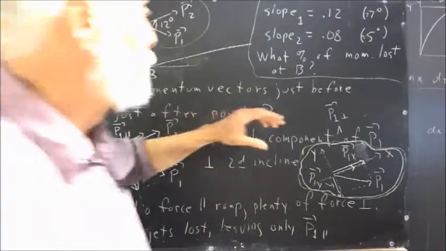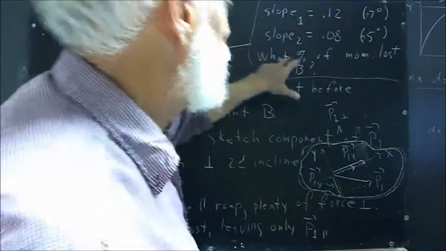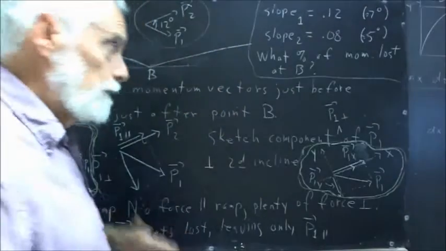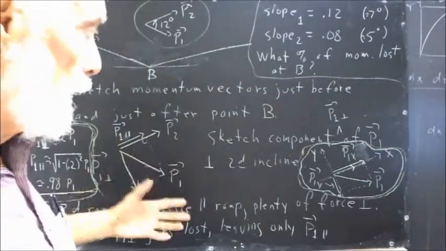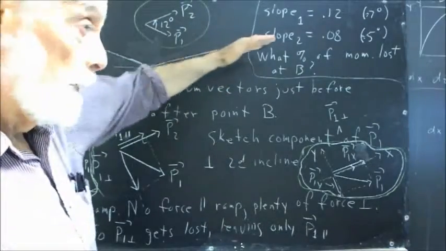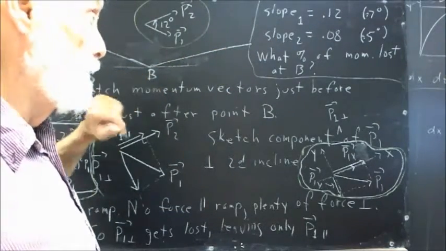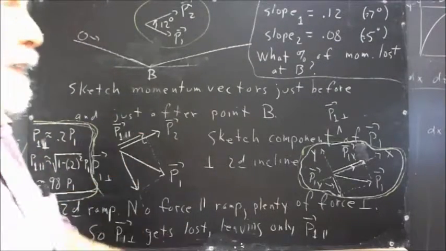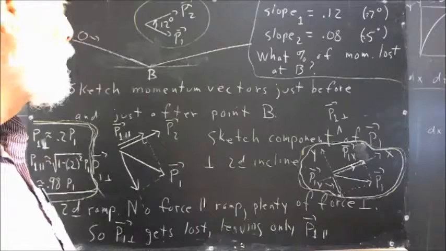That's what we're going to do, because we want to ask what percent of the momentum is lost at the point B. Right now what we know is all the momentum perpendicular to the second ramp is going to be lost at point B.